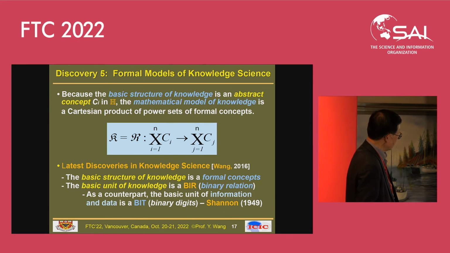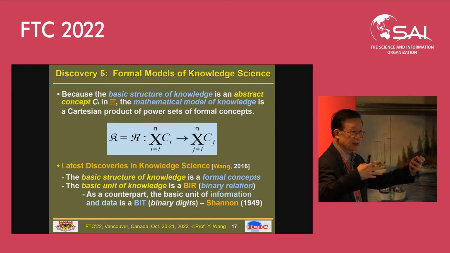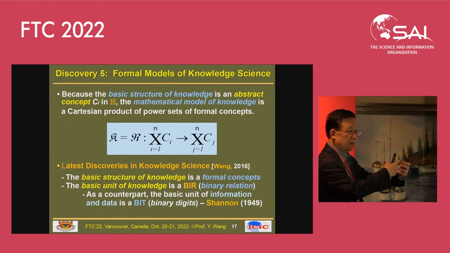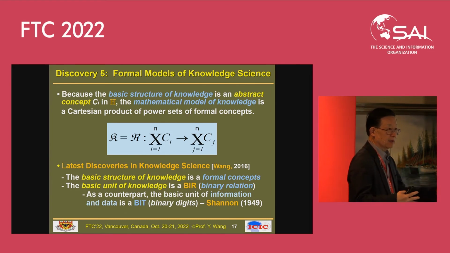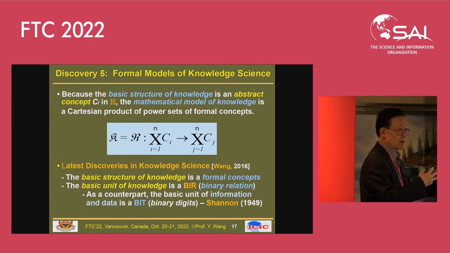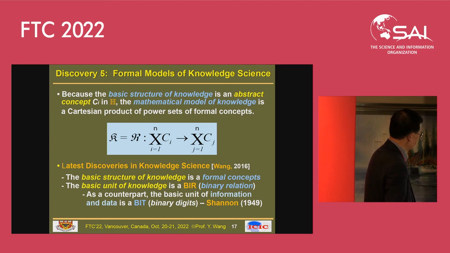That's a Cartesian product, a set of concepts in our brain mapped to another set of concepts, and a relational function generates this mapping. That eventually is our whole knowledge in the brain. All the concepts, or many of them, interconnected together become our whole knowledge.